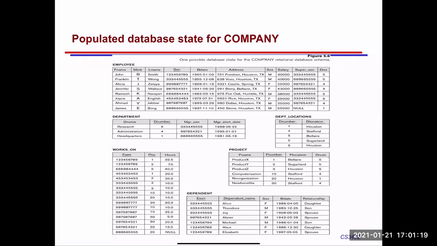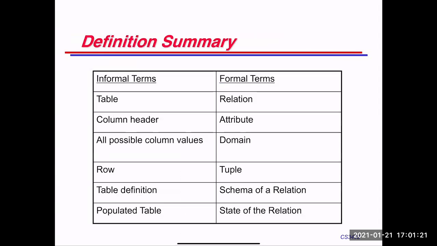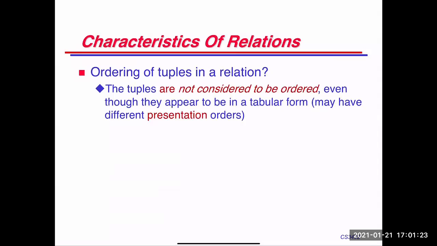Good. Let's continue now. So one point about the ordering of these tuples. Usually when we have a table, you have the first row of the table and the second row and so on, right? So there is an ordering, and that ordering is also something you can make use of, for example, in Excel.